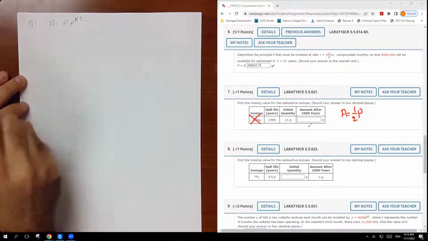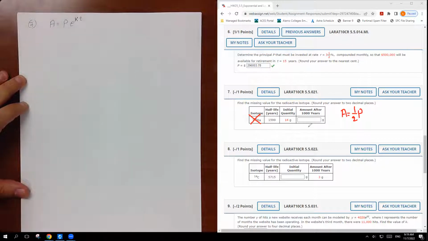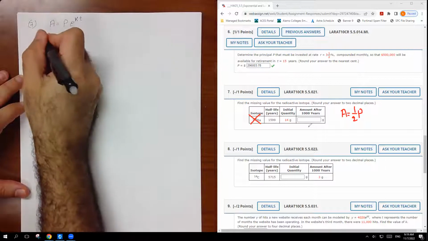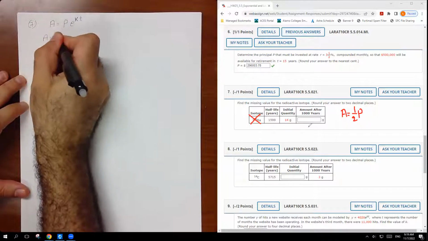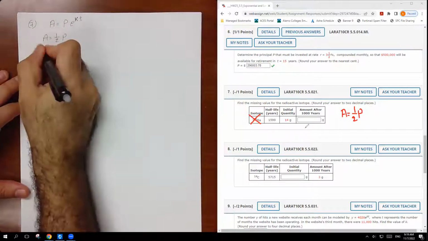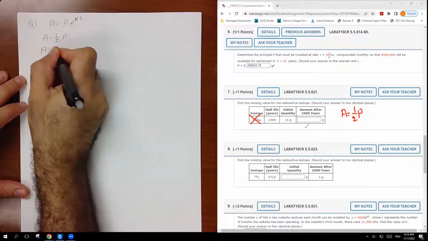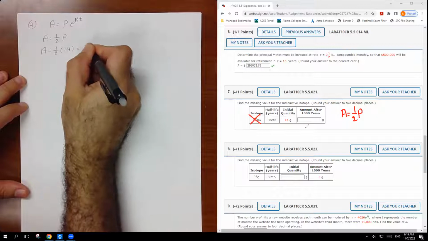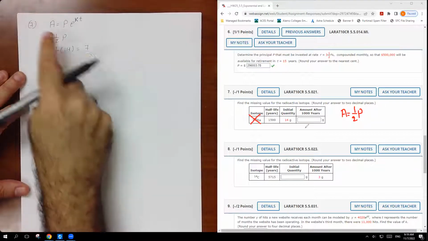So now we already know our future amount is going to be half the initial. If you look at this example, we have the initial 14. That means our future is going to be half of 14, which is equal to 7. The future is 7.